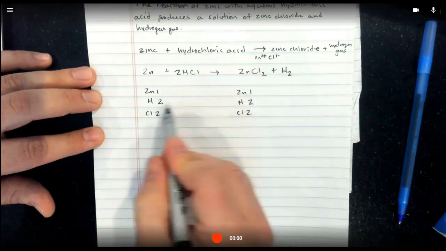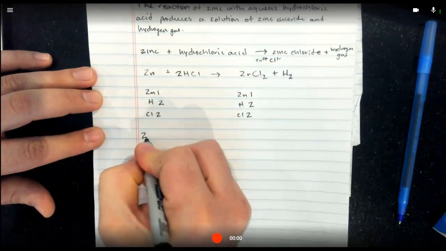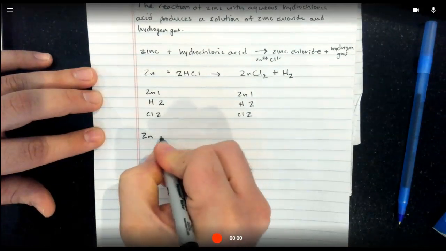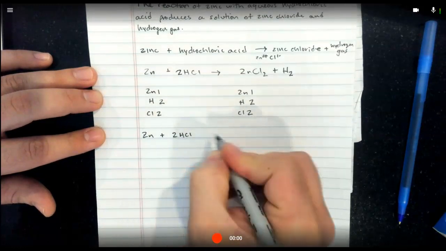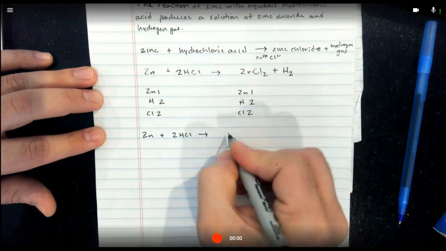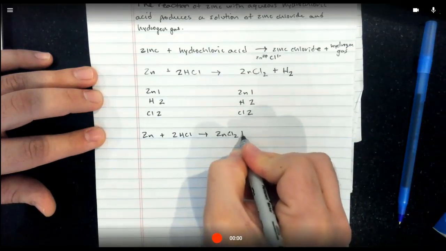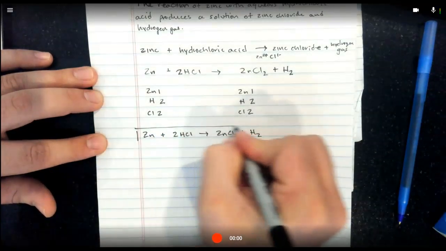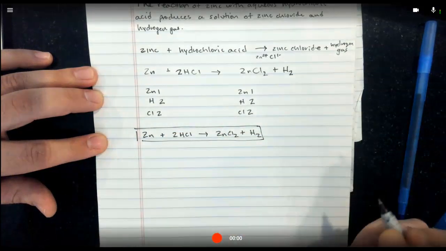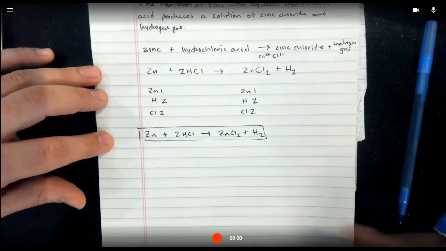So when these values are all equal to each other, we then have a balanced chemical equation. So 1 mole of zinc plus 2 moles of hydrochloric acid react to produce 1 mole of zinc chloride and 1 mole of hydrogen gas. Box or circle your answer. So that's for sample problem C.